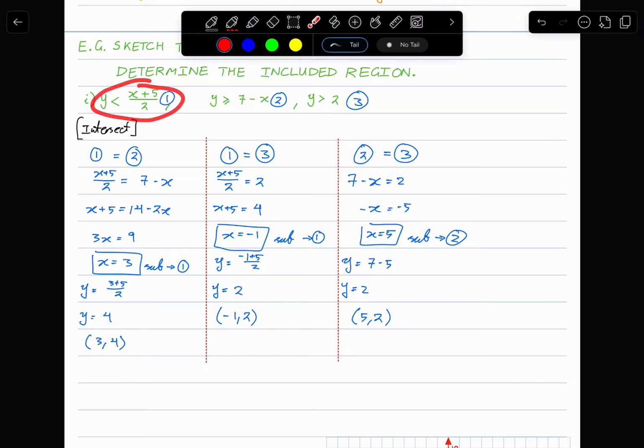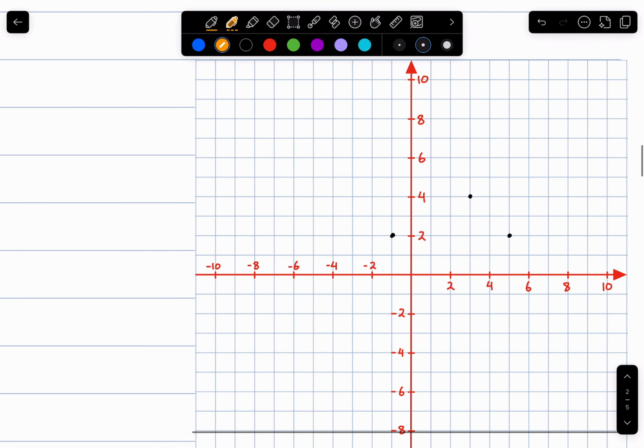So equation 1 passes through this point and this point, because that's what we just found. So I'm going to use those 2 points to sketch this one. It is less than but not equal to, so we need a dotted line passing through (3, 4) and (-1, 2). So in orange, we actually have this already.